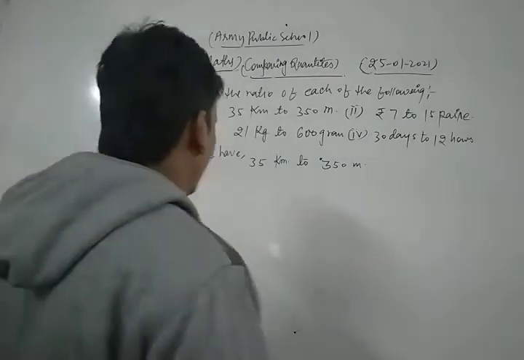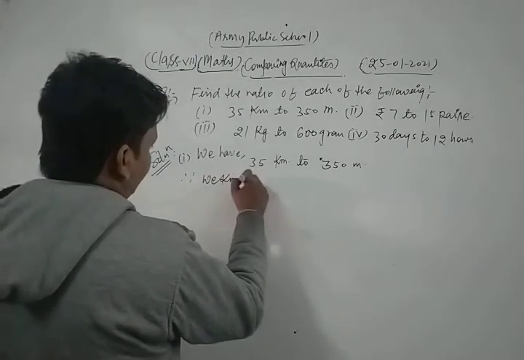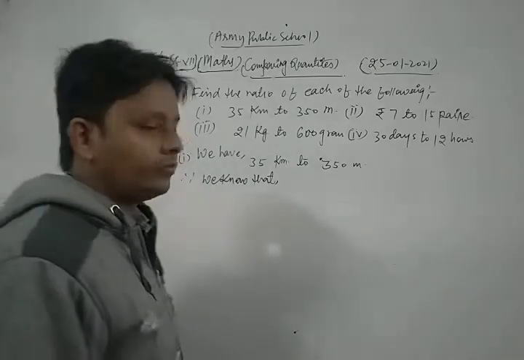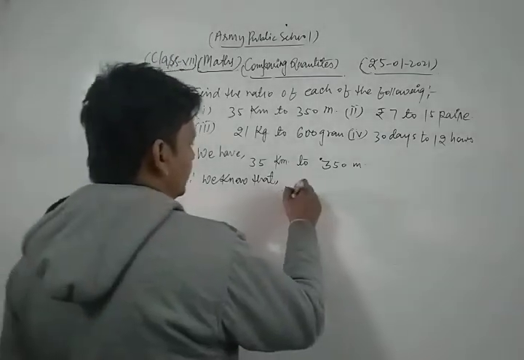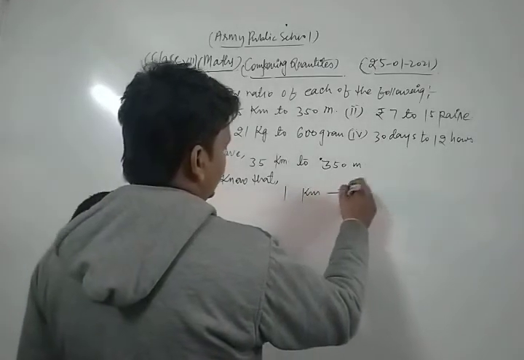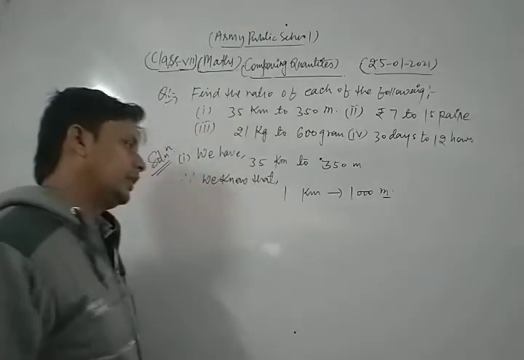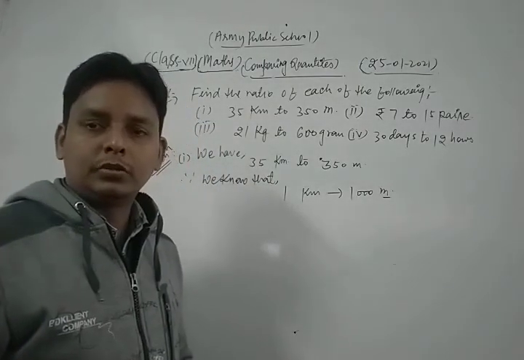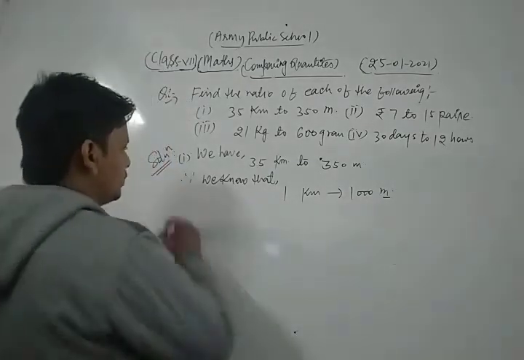So let's see. Since we know that in 1 kilometer there are 1000 meters. In 1 kilometer, how many meters are there? 1000.